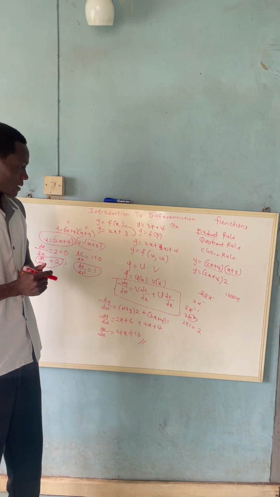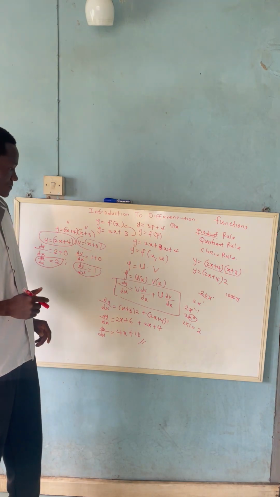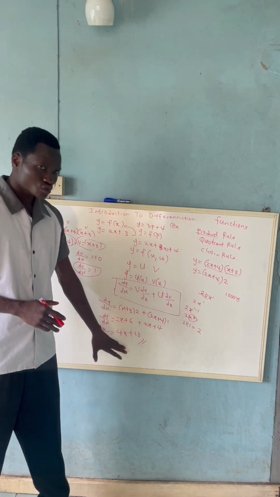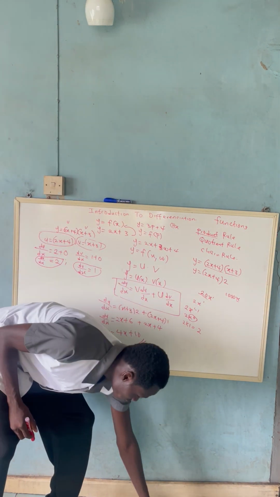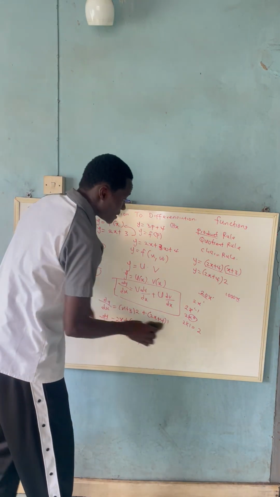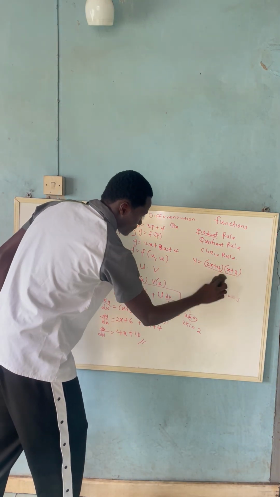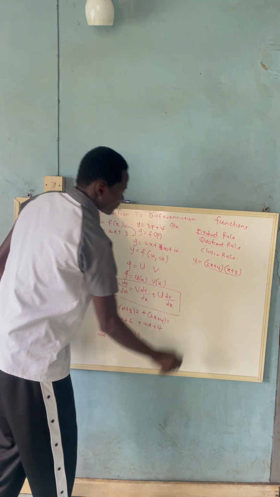And okay, other than this, if you don't want to go with the product rule, we can also go that way. What are we going to do? We are going to expand the bracket.